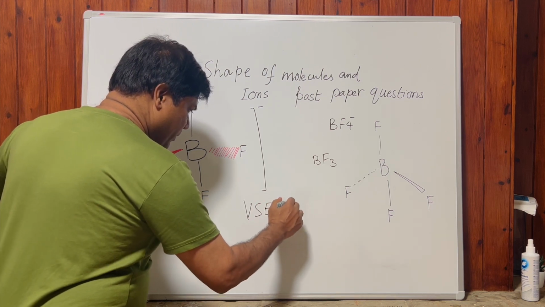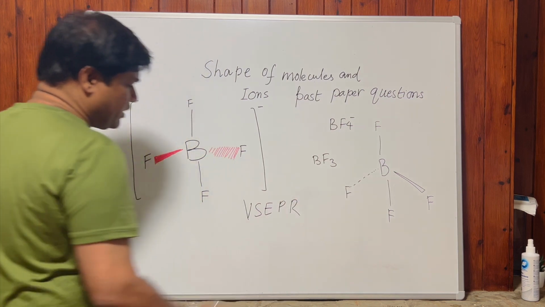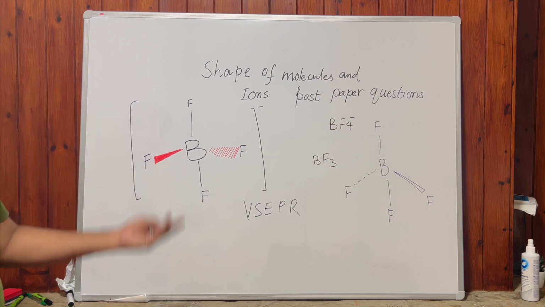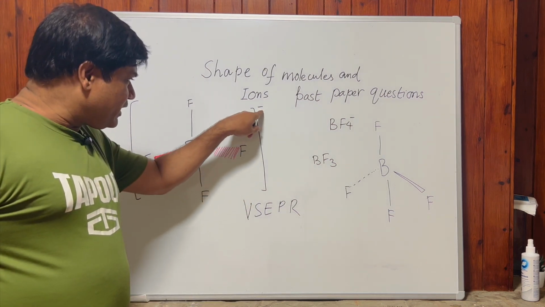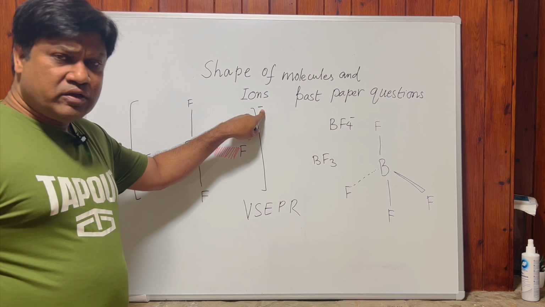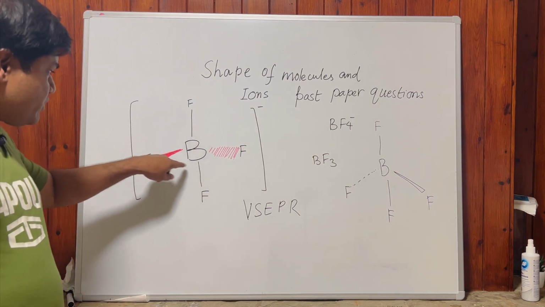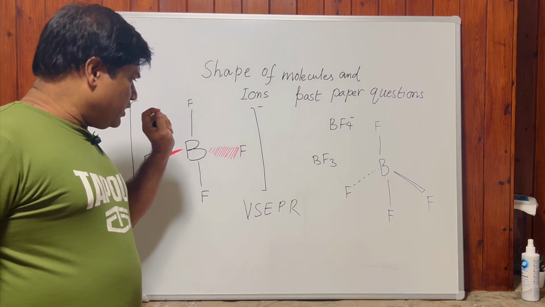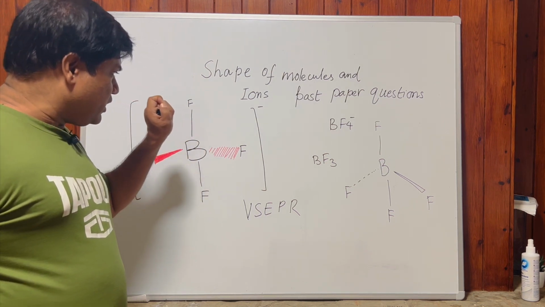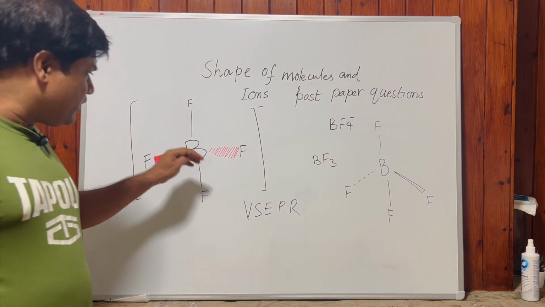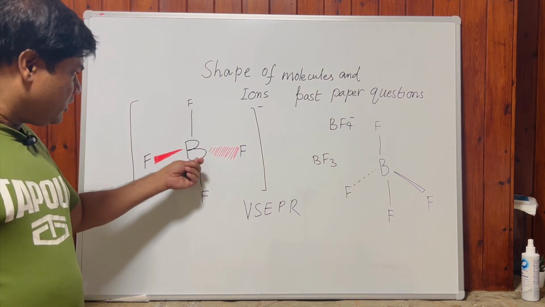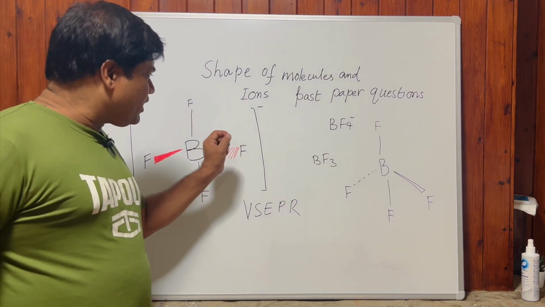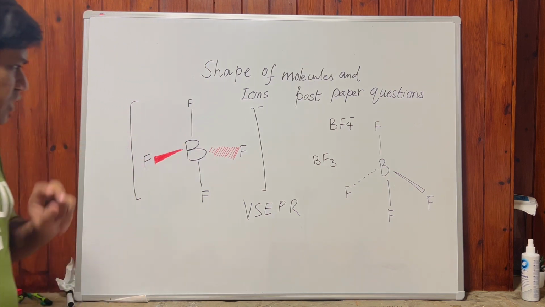According to the valence shell electron pair repulsion theory, any negative charge which acts as a lone pair, if that negative charge or a lone pair is present on the central atom, will definitely create a disturbance in the bond angle and the shape of the molecule.